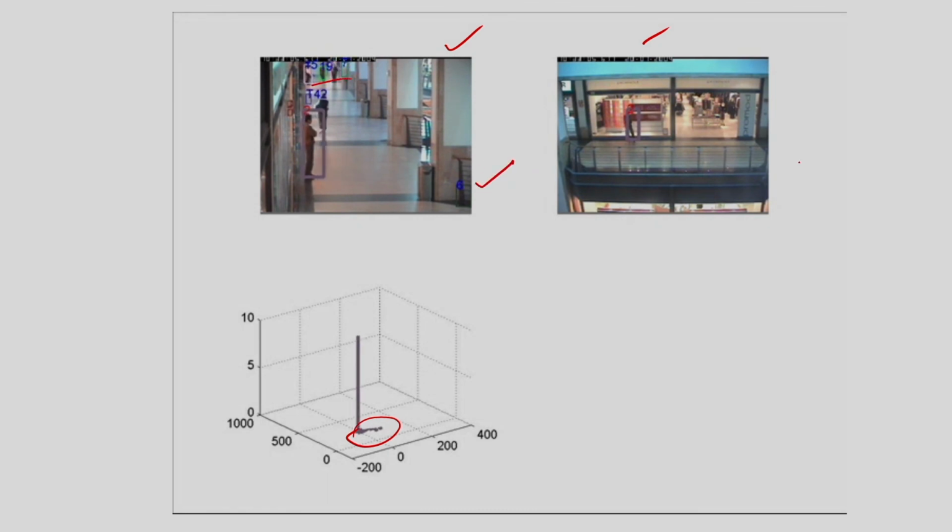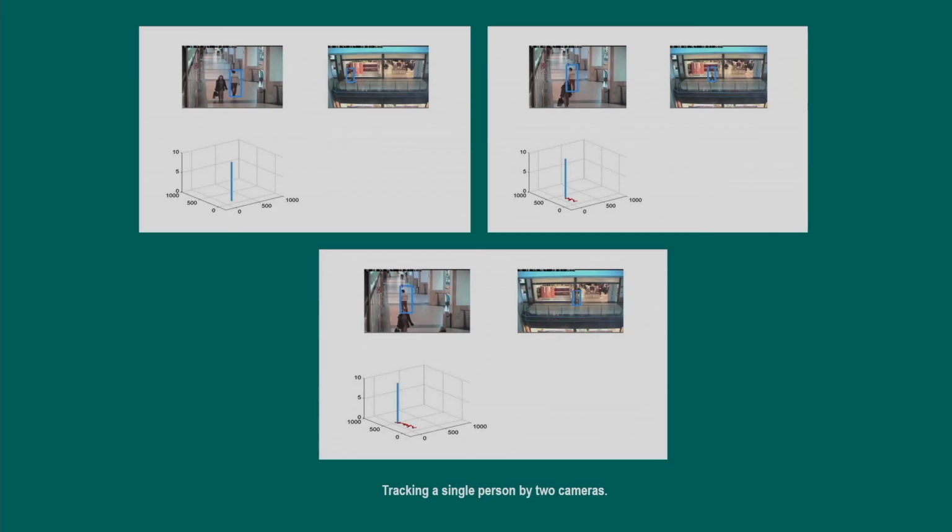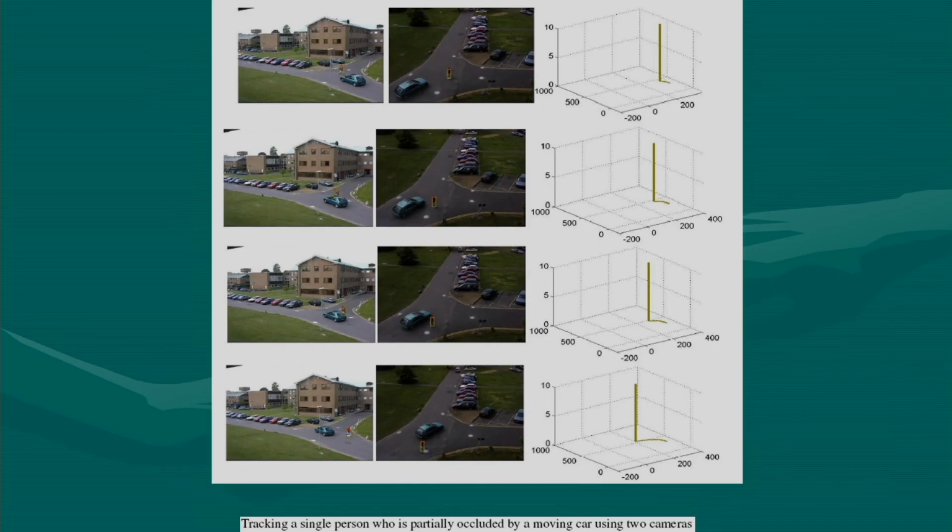This is one view and this is another view of the camera, and again I am showing the results of multiple camera based object tracking. Tracking a single person who is partially occluded by a moving car using two cameras, because already I have explained, if I use multiple cameras, the problem of occlusion can be partially eliminated because the field of view increases because of the use of the multiple cameras.